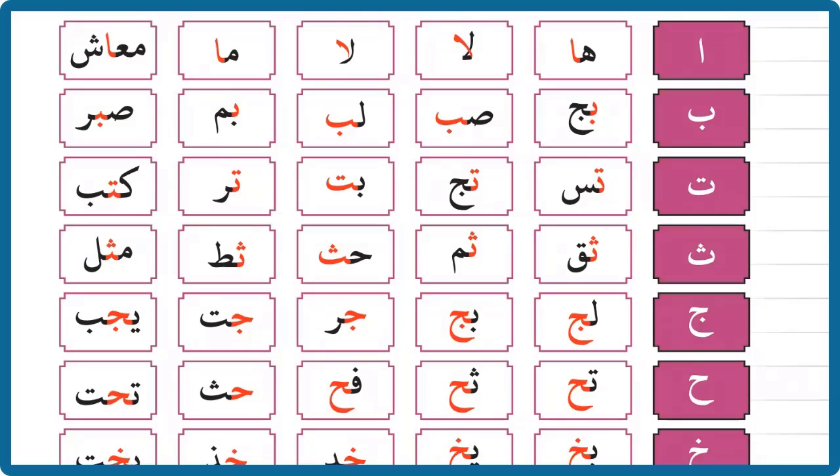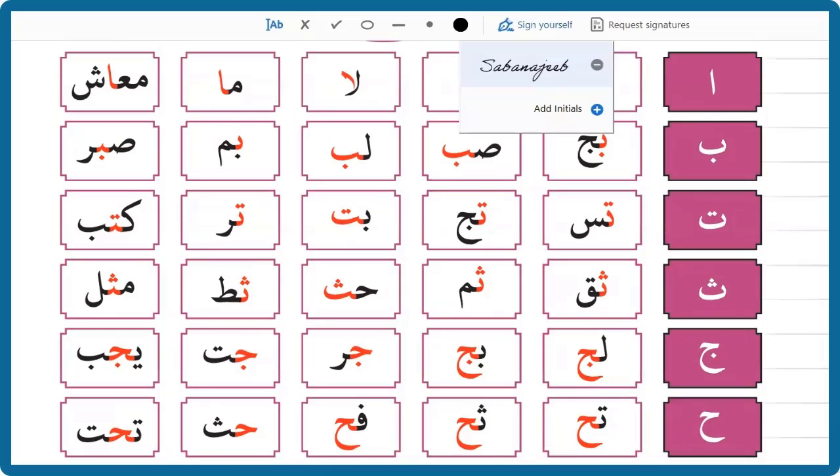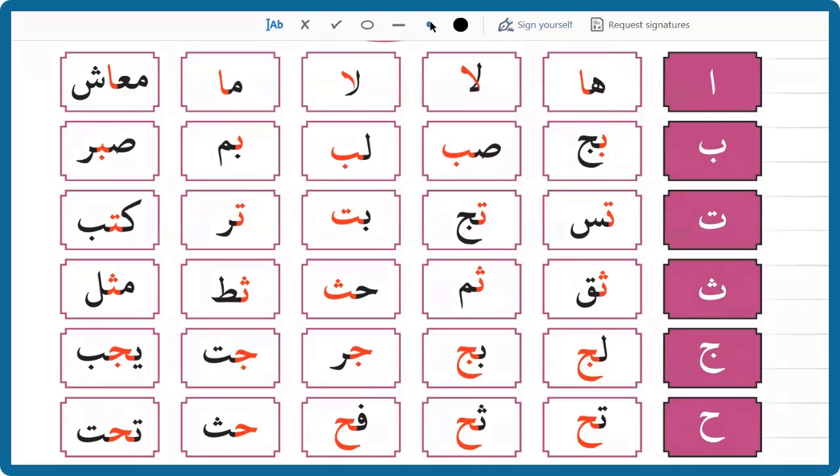Try clicking that request signature again, and then I think you had the option to select the size. Right beside where it says sign yourself, there's a big black circle and then a smaller one. Maybe try that one. Or I guess just add a dot.